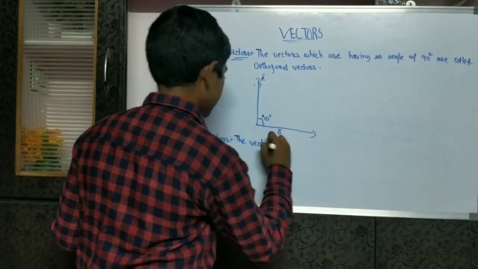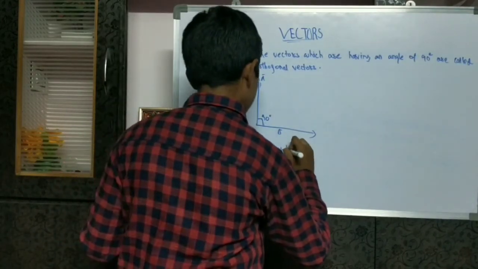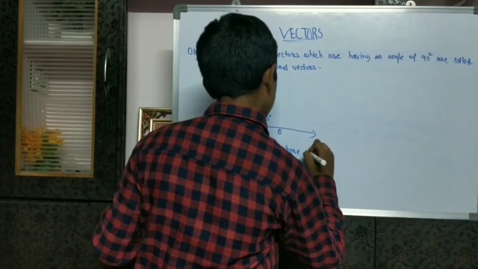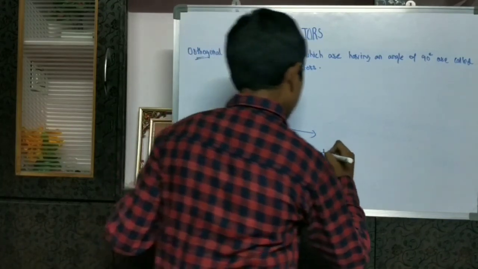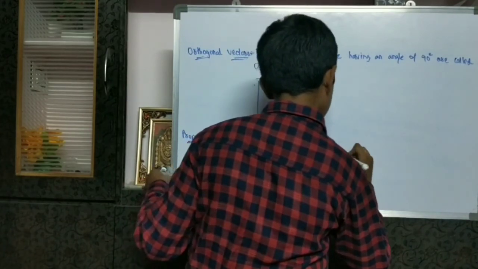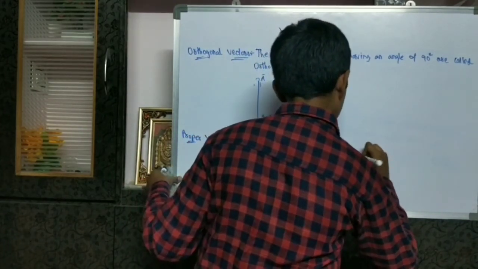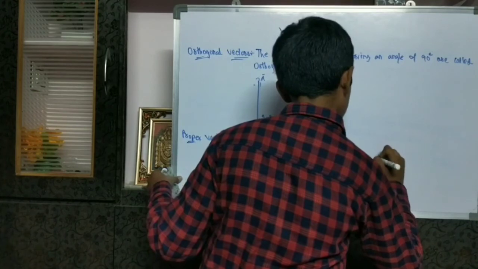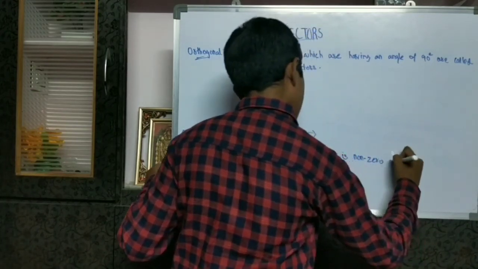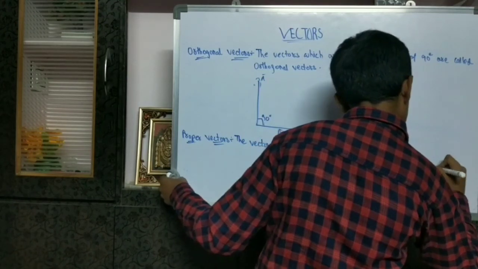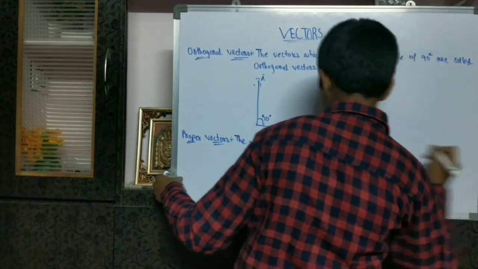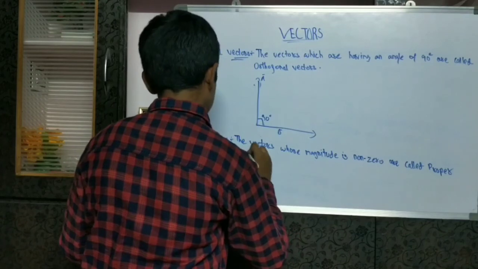The vectors whose magnitude is non-zero are called proper vectors.